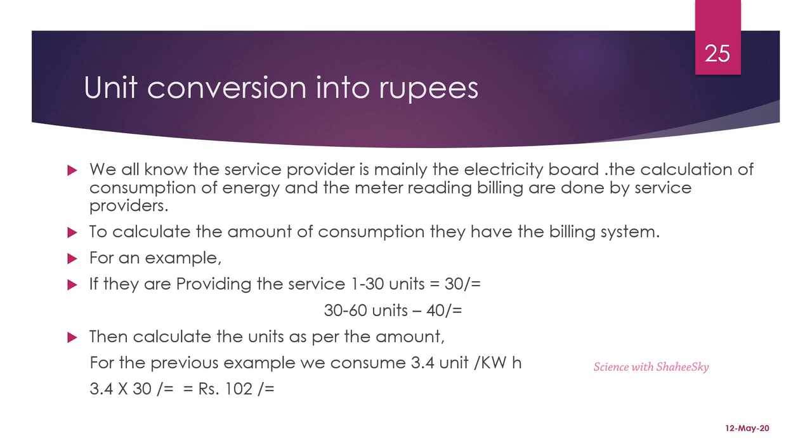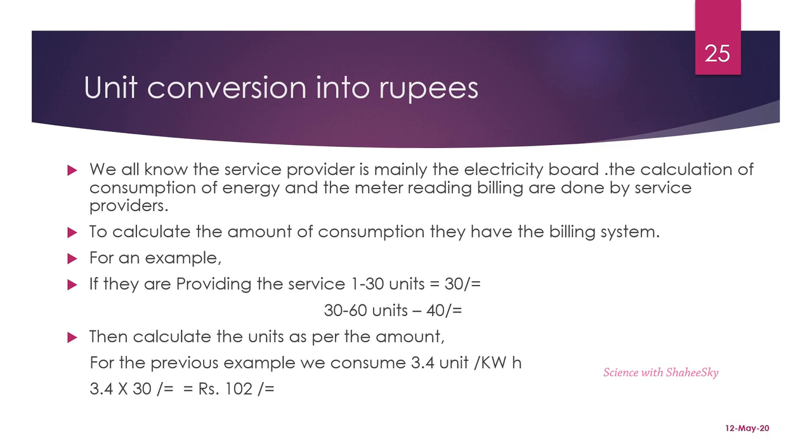To calculate the amount, they have a billing system. For example, for 1 to 30 units, they will take 30 rupees or whatever the amount, for 30 to 60 units, whatever the unit rates. So they have rates per unit up to the limits of the units, and then calculate the units as per the amount.